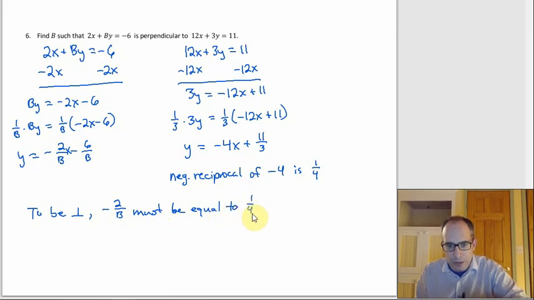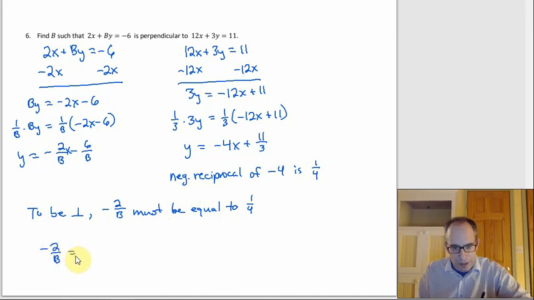All right, so then if negative 2 over b equals 1/4, then you could take the reciprocal of the top and the bottom, and I'm actually going to put the negative with the 2. You could put it with the b if you wanted to, as long as you put it somewhere. So I'm going to write the reciprocal of the left as b over negative 2, that's equal to 4 over 1.